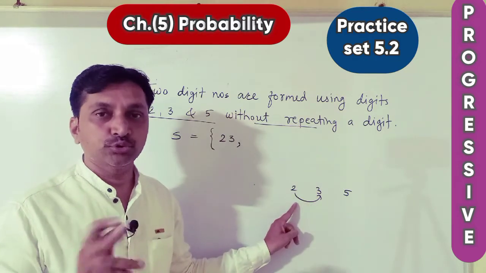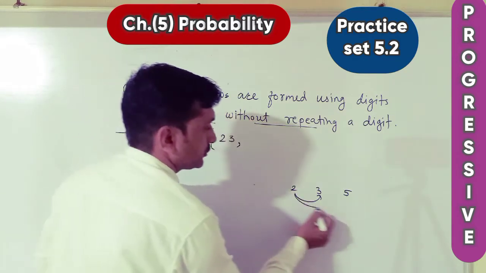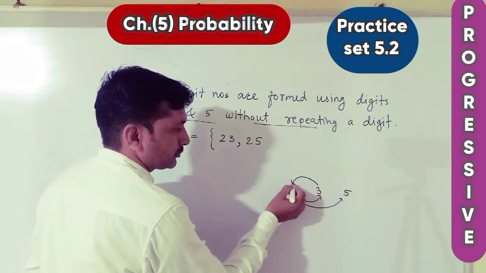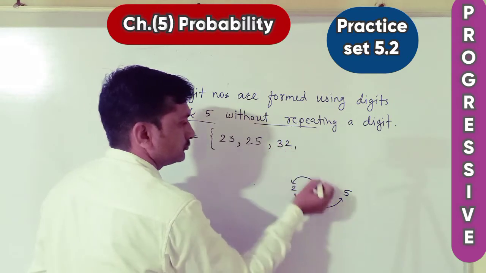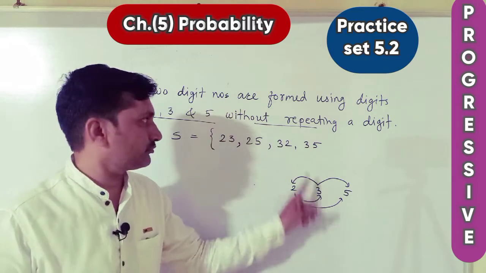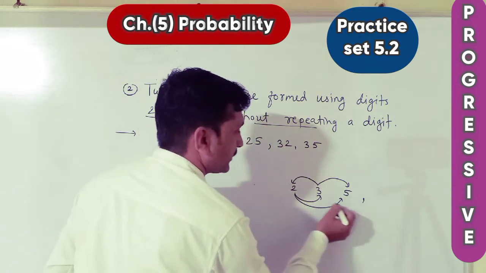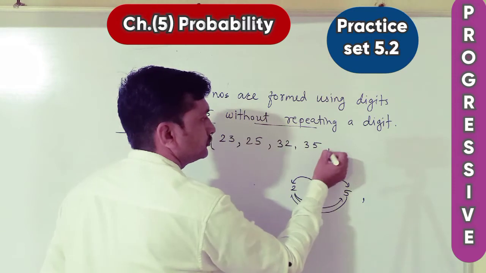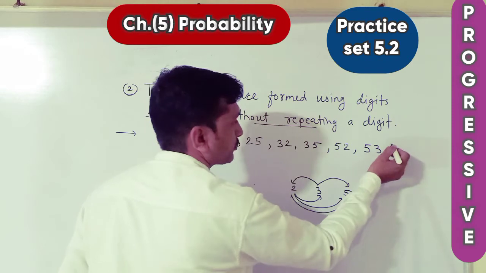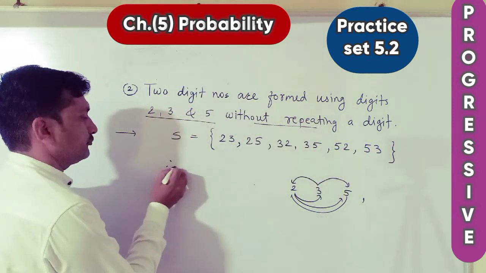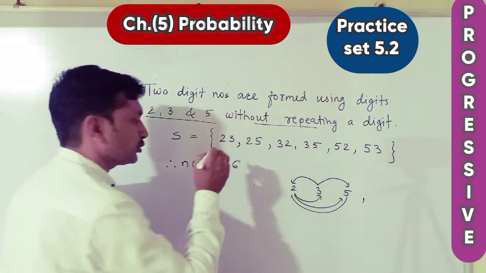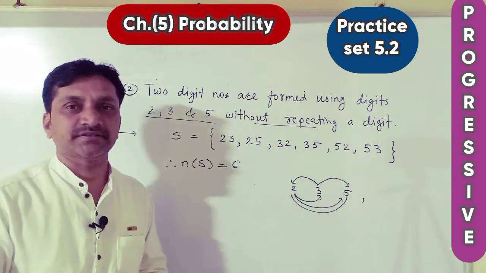Then with 3: 32, 35. 33 we cannot take. Then with 5: 52, 53. 55 we cannot write. Therefore NS is equal to 6.